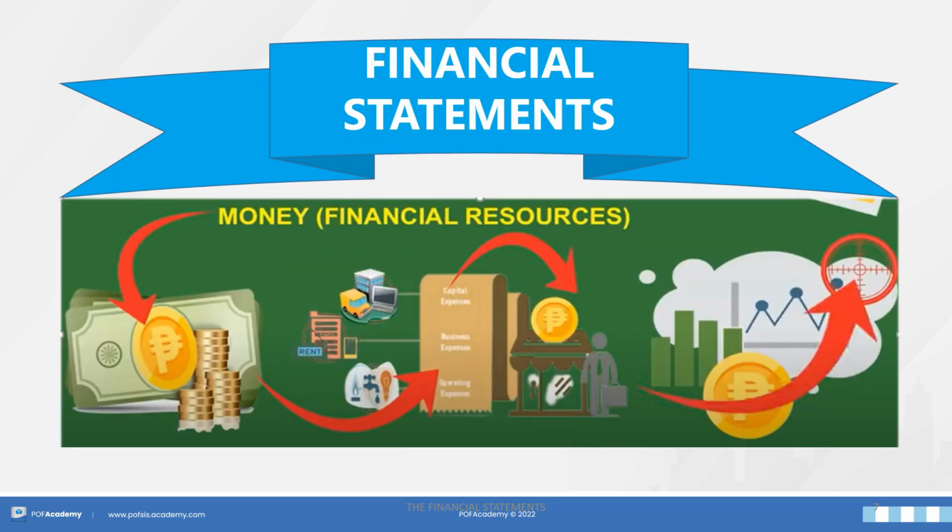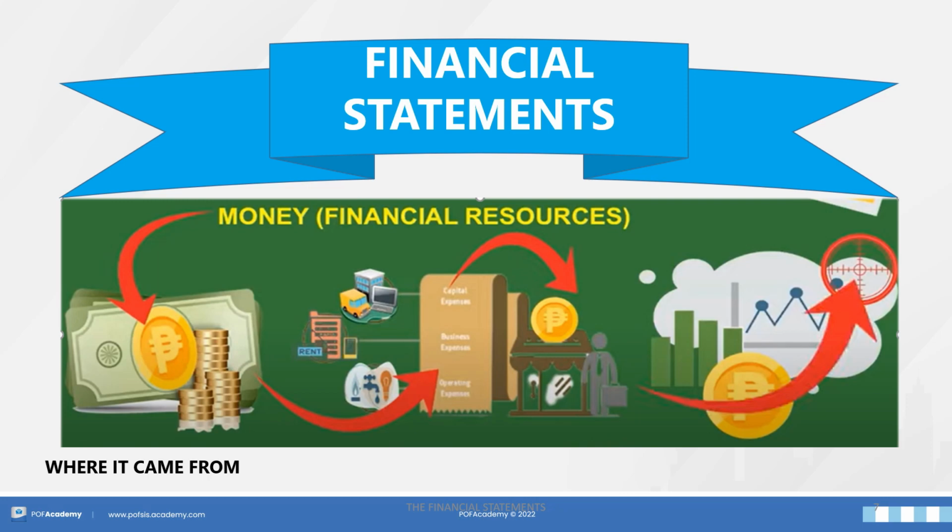Here is the illustration. Financial statements are documents reflecting the money or financial resources of the company. It tells us where the money came from, meaning what are the sources of the capital. Was the money contributed by the owners or shareholders of the company, or did it come from borrowings?